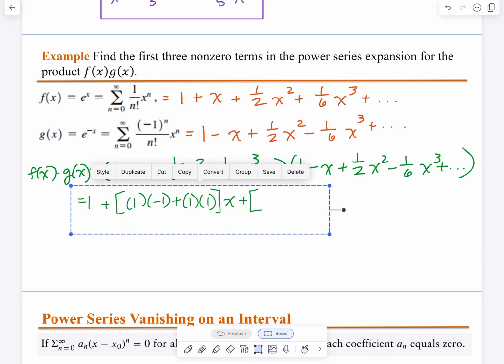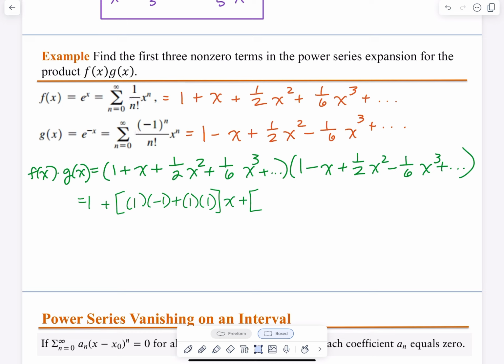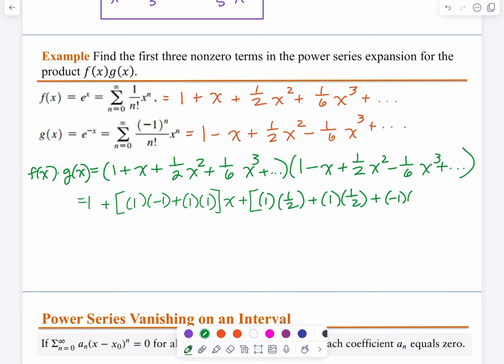So for our x squared terms, we are going to have 1 times 1/2 plus 1 times 1/2 plus a negative 1 multiplied by a 1, and these are going to be our x squareds.